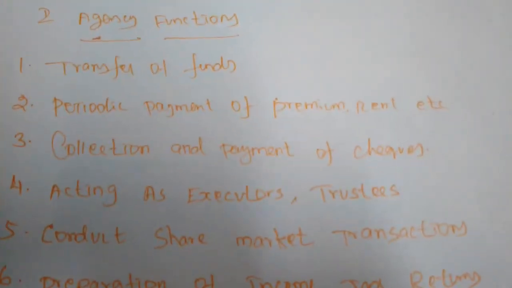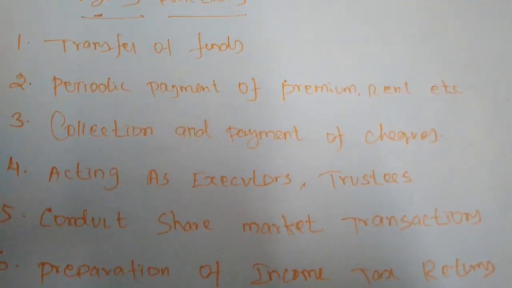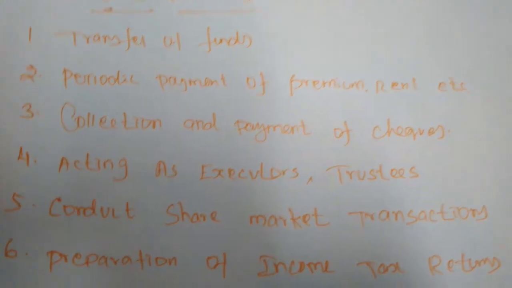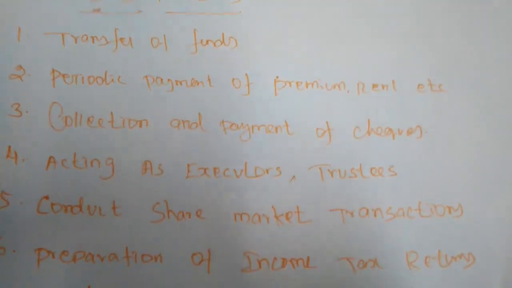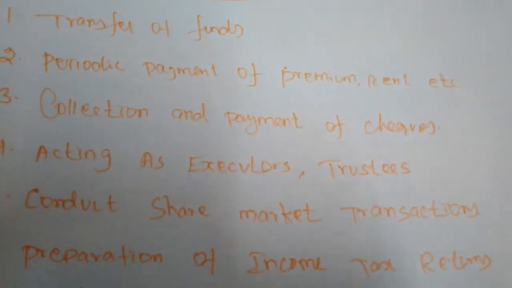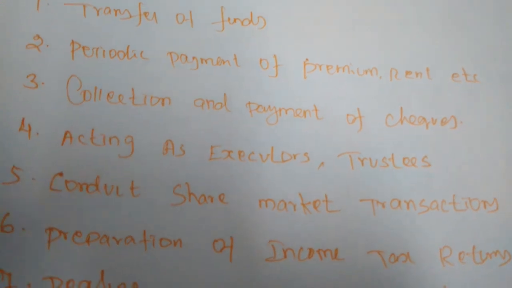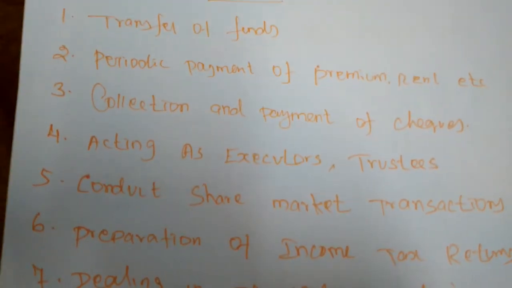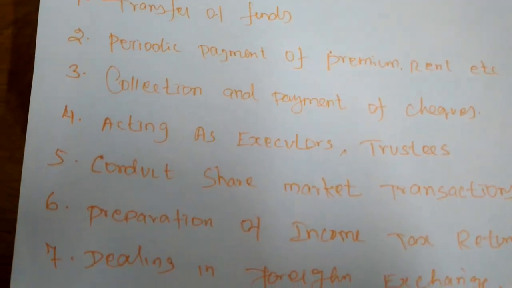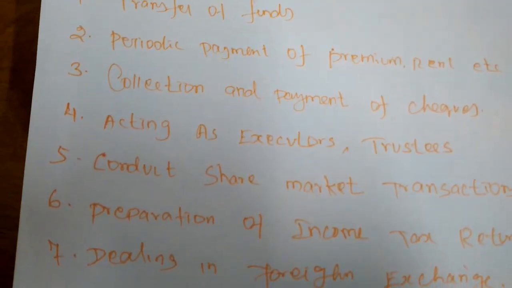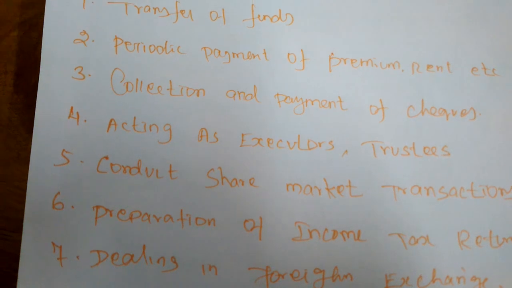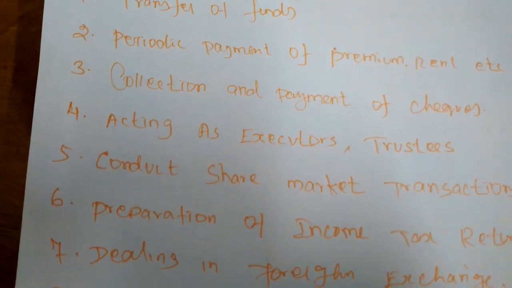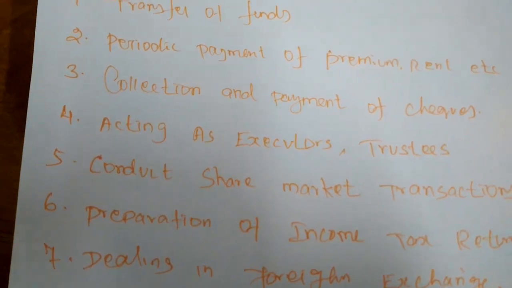Next, collection and payment of checks. All the banks collect and pay on the name of checks. On behalf of customers, the bank collects the checks deposited into the accounts of customers from other banks and deposits cash in the customers' accounts.